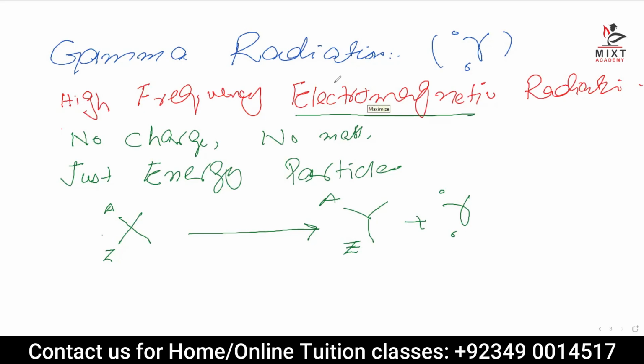Yes, Hadia, your information was correct. Gamma is a transverse wave. So students, please note down: by the emission of gamma radiation, there is no change in proton number and nucleon number, as gamma are neutral.